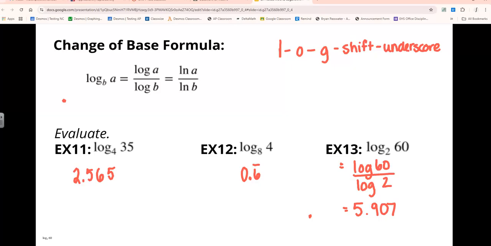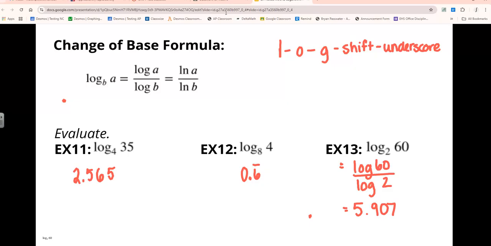Okay, any questions there? Yes, you can definitely do it that way. So change of base is just another option for that.